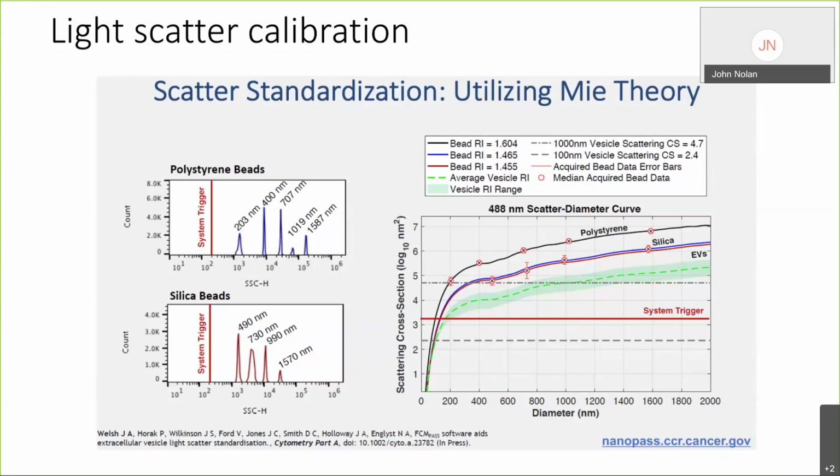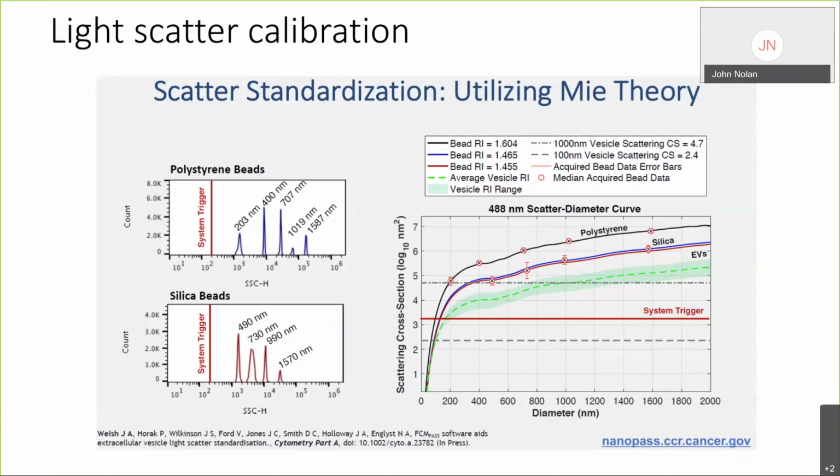It's increasingly appreciated, but not universally appreciated, that this approach isn't valid. Because of the differences in refractive index between beads and vesicles, such estimates are not accurate. A polystyrene bead might scatter 10 to 100 times more light than a similarly sized vesicle, depending on the measurement conditions.